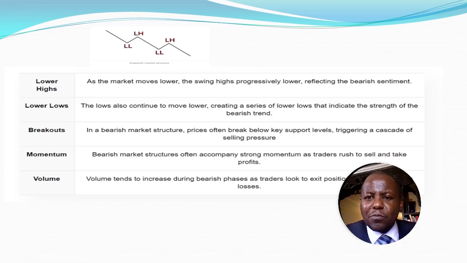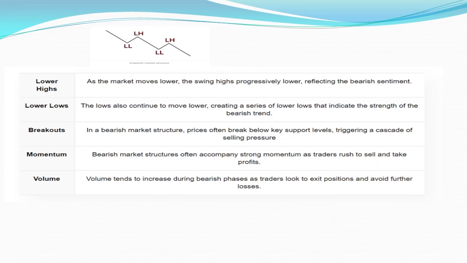Then the volume tends to increase during bearish phases as traders look to exit the positions that they had in order not to lose. So you have to be alert. Volume tends to increase during bearish phases as traders look to exit positions and avoid further losses.